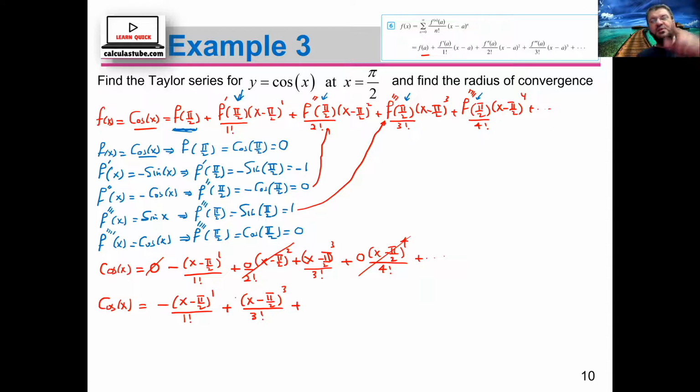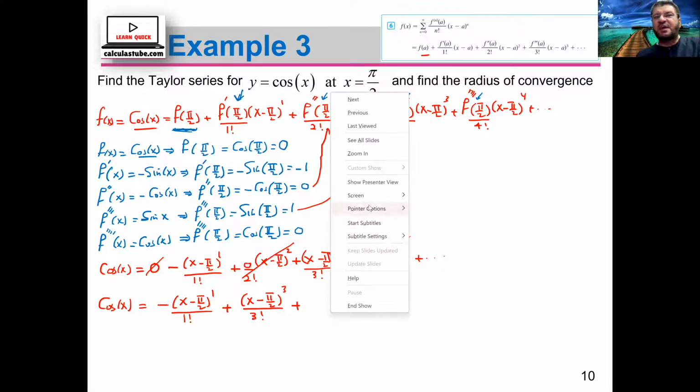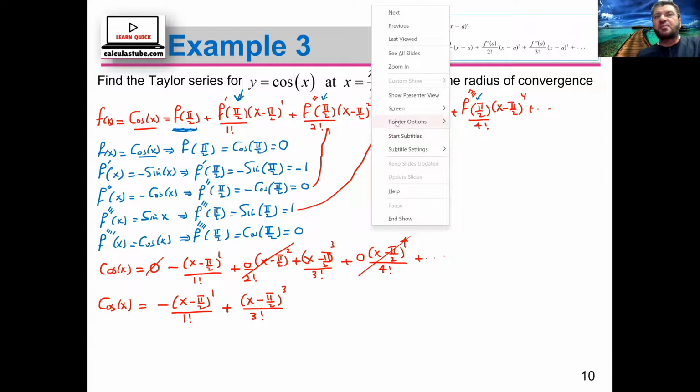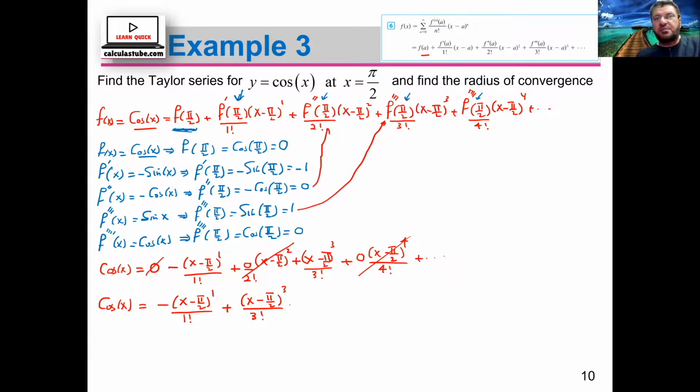Plus what? See, now the trend somehow shows, huh? 1 factorial, 3 factorial, negative, positive. So the next one has to be a negative value. So we replace this positive with a negative value. My expectation is, try it, you will find that the next term is negative because now the trend shows, okay? So minus x minus pi over 2 to the power 5 over 5 factorial, and we proceed.